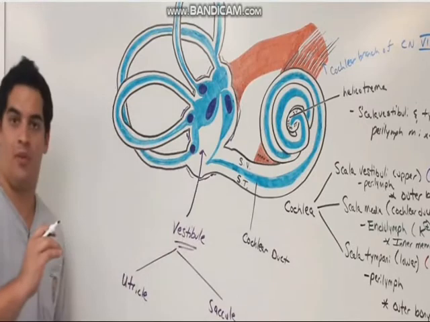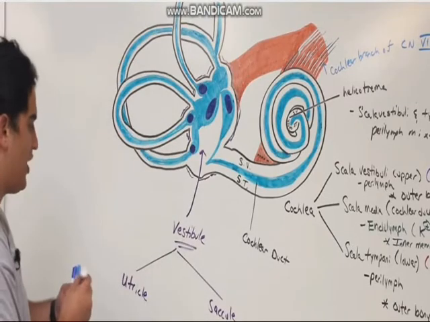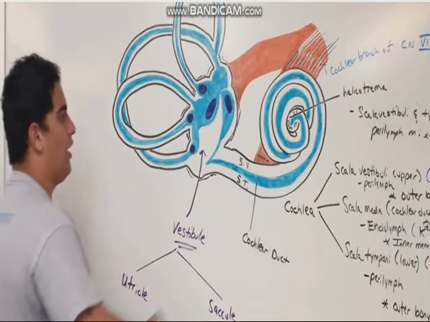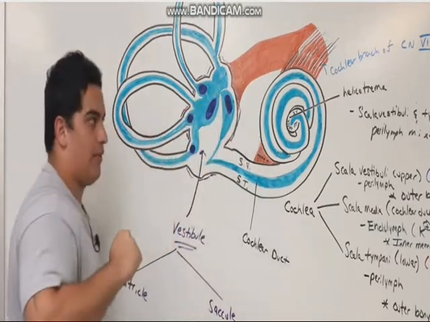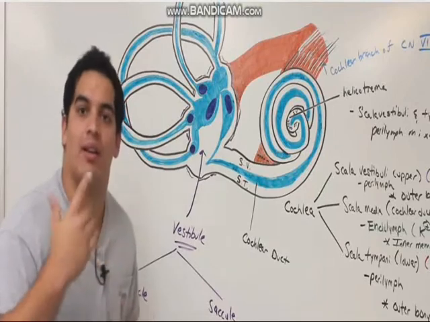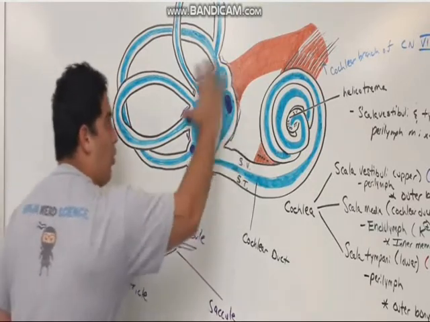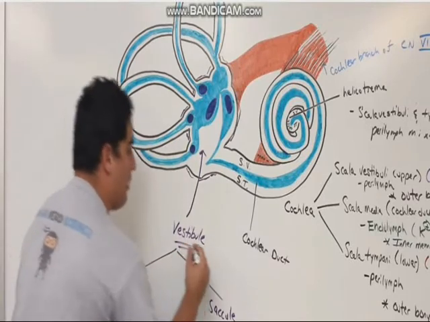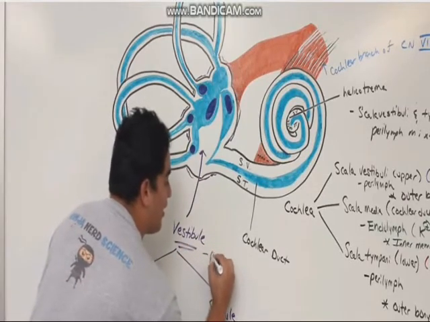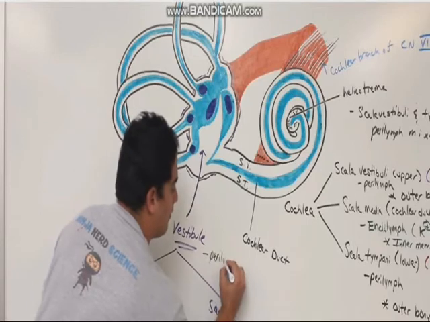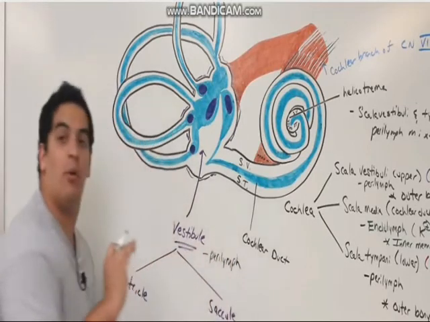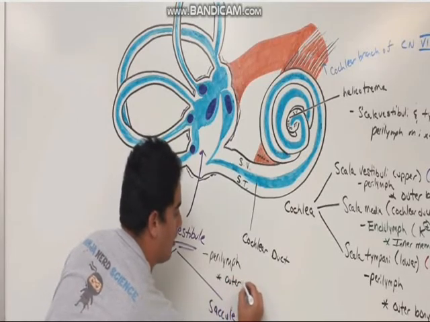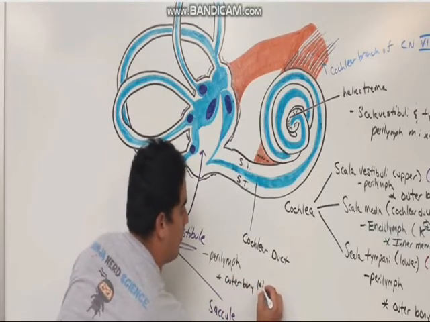Utricle is like a small uterus, saccule like a small sac. The semicircular canals are connected to the utricle. Also, it contains perilymph, as we will see the difference between perilymph and endolymph.